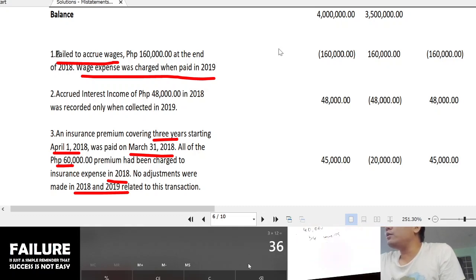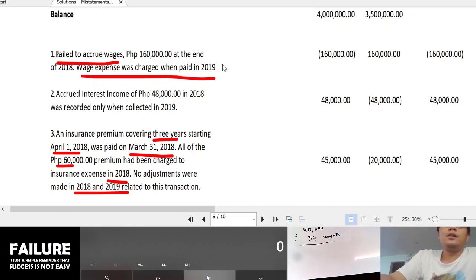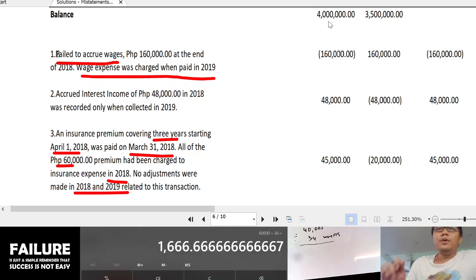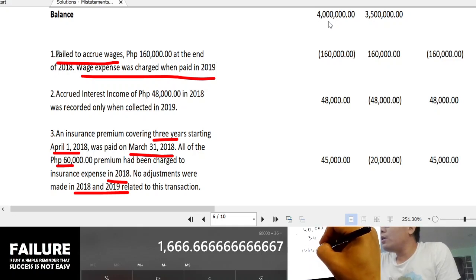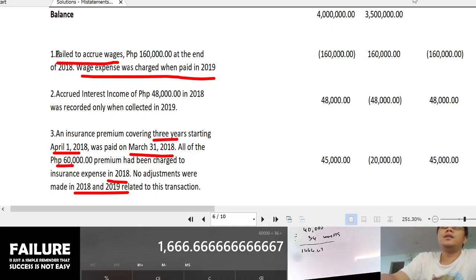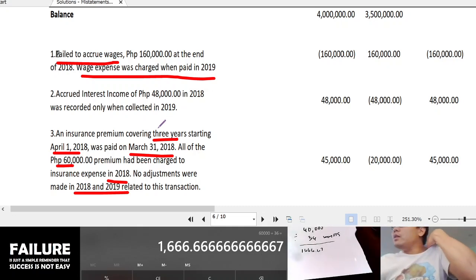So, if we would try to divide that, para ma-determine natin kung magkano talaga monthly yung insurance expense natin, is that 60,000 divided by 36. So, we will have a monthly insurance expense sana of 1,666.67. I-round off na lang natin. Okay? 0.67.